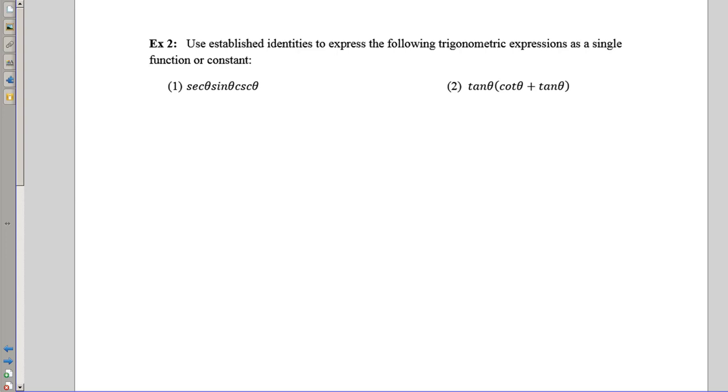So in this case, secant can be rewritten as 1 over cosine. Sine we can just leave as sine if we want. And then cosecant is 1 over sine. So since these are all being multiplied, any numerator can cancel, reduce to 1, with any denominator.